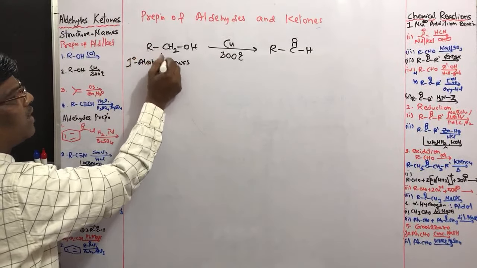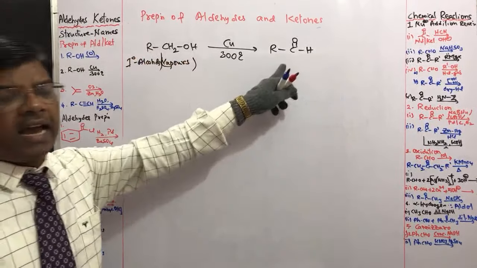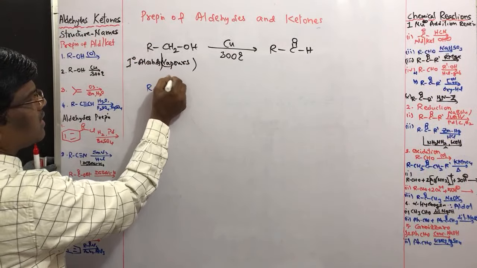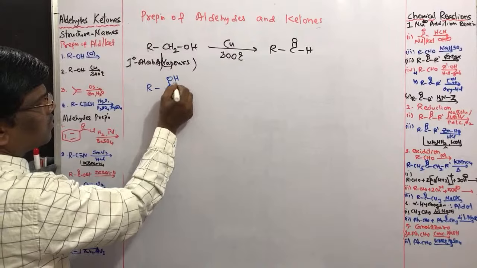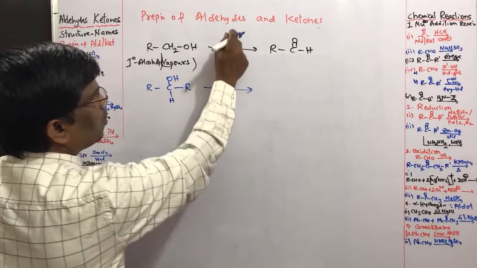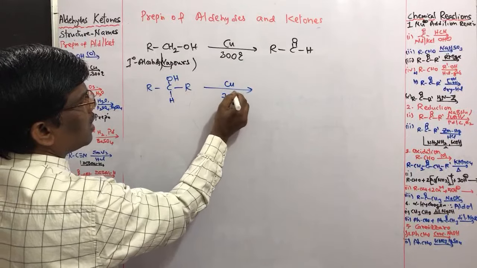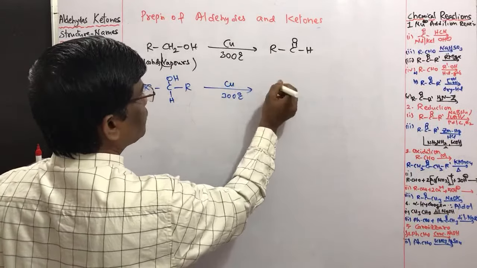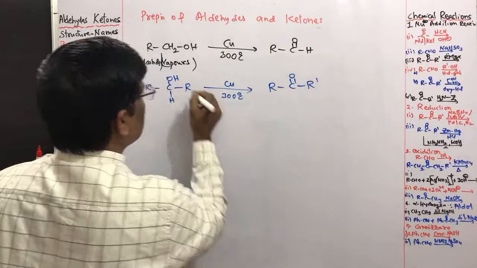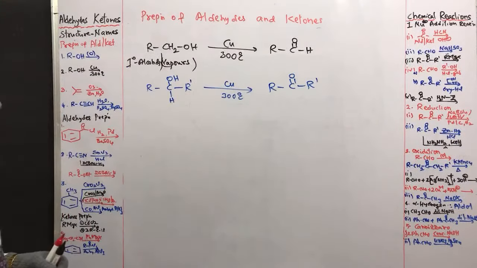If I use secondary alcohols, let us take the same isopropanol, and when I pass through copper, it is going to give ketone. Next students, so these are common methods.